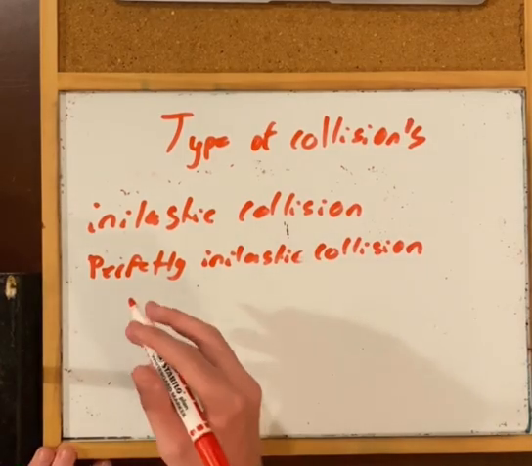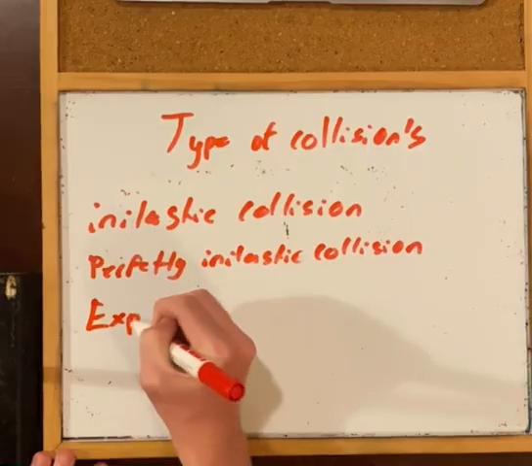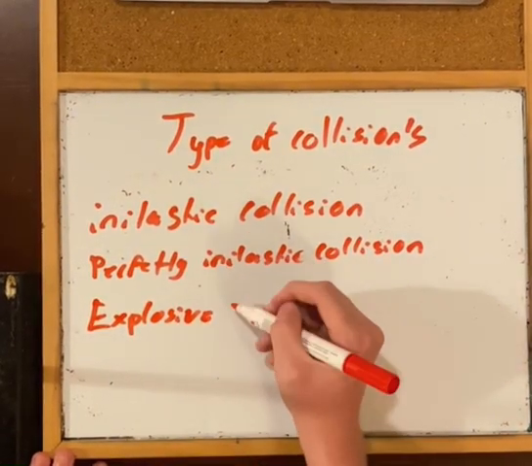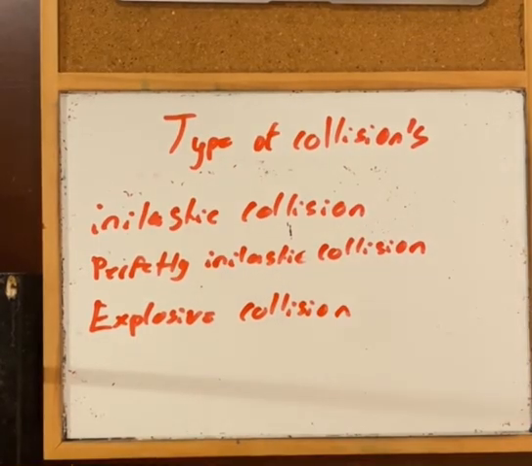And the fourth and final type of collision is the explosive collision, which is when an explosion happens. An explosive collision is when one object breaks into pieces and pushes apart. Momentum is conserved and kinetic energy increases, and this comes from stored energy.